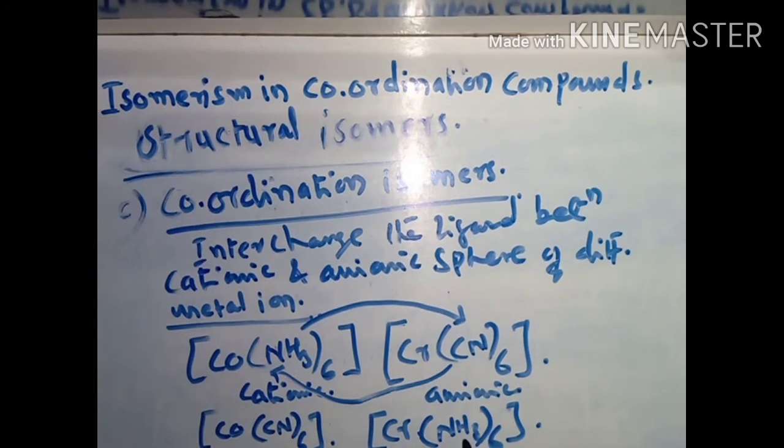It means there is an exchange of ligand. In first case chromium linked to the cyanide, and in second case chromium is linked to the amine. In first case cobalt is linked to the amine, and in second case cobalt is linked to the cyanide. Such type of complexes are termed as coordination isomers.